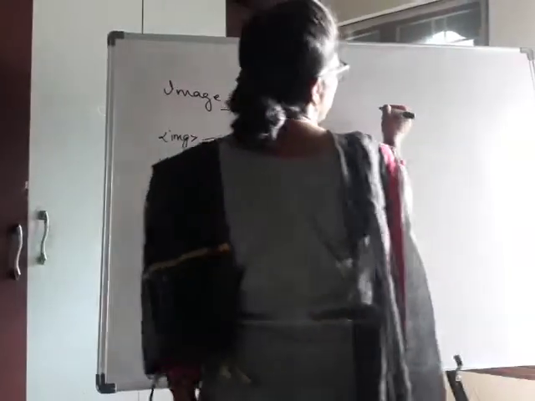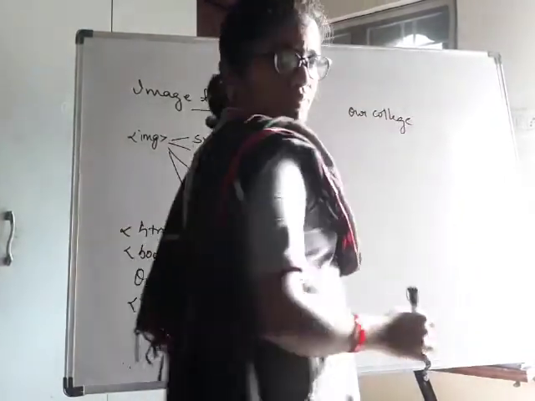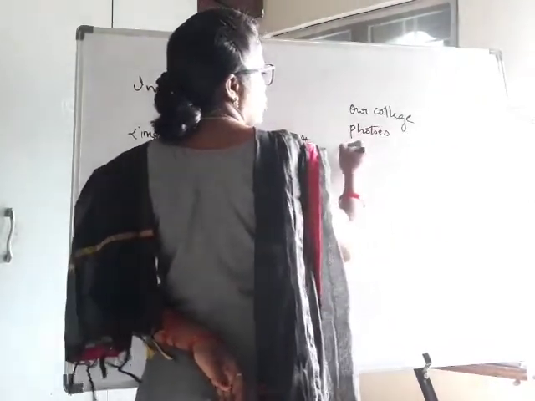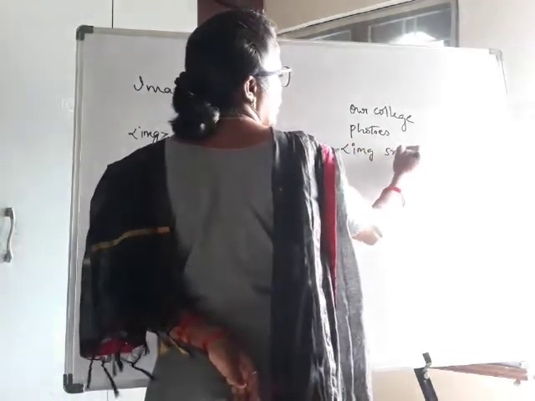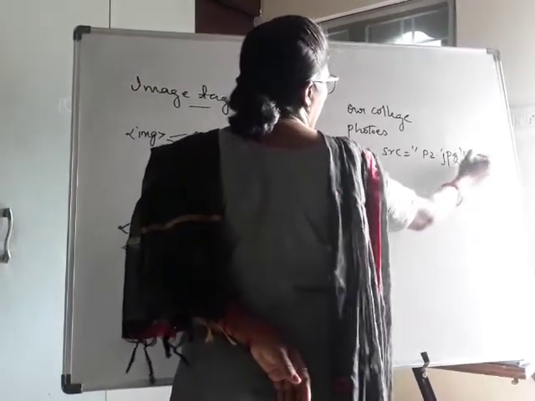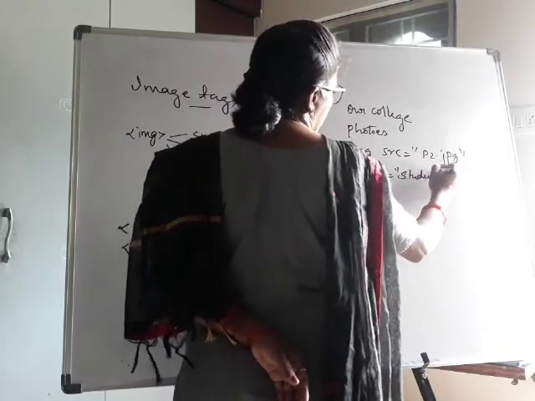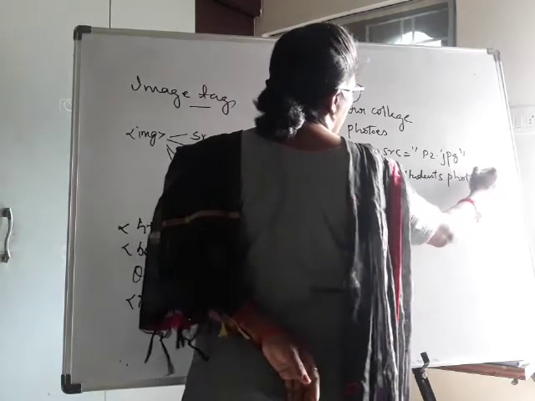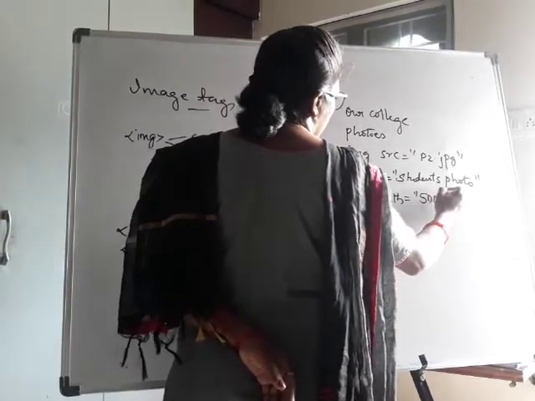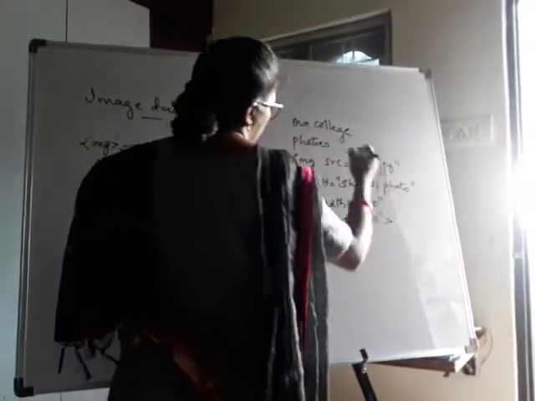Suppose I want to write our college photos, so I will write img src p2.jpg, and if it is not available, alt students photos. This text will be shown there, and width equals 500 and height equals 500, close.